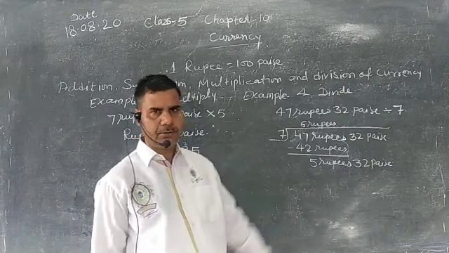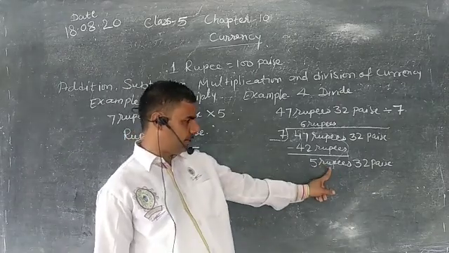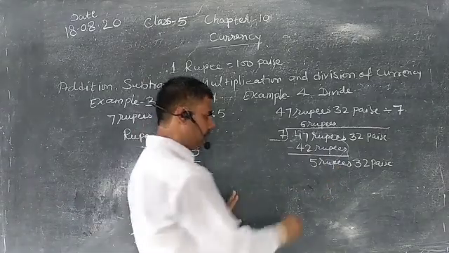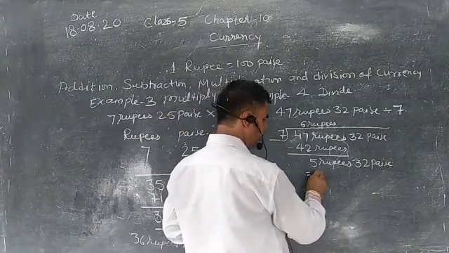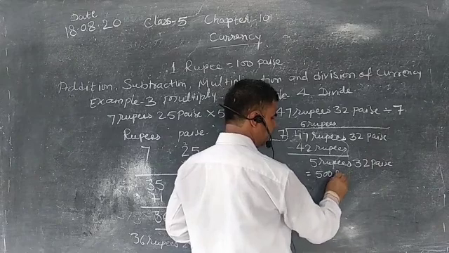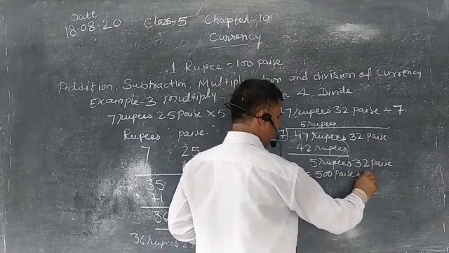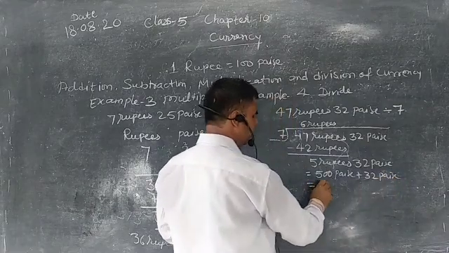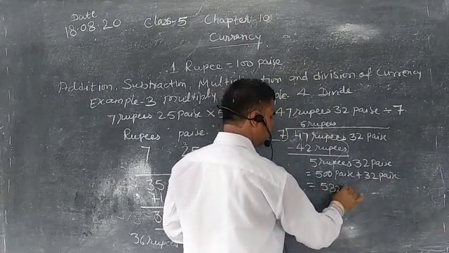You know that 1 rupee equals 100 paise. Means 5 rupees equals 500 paise. And 32 paise means these are 532 paise.